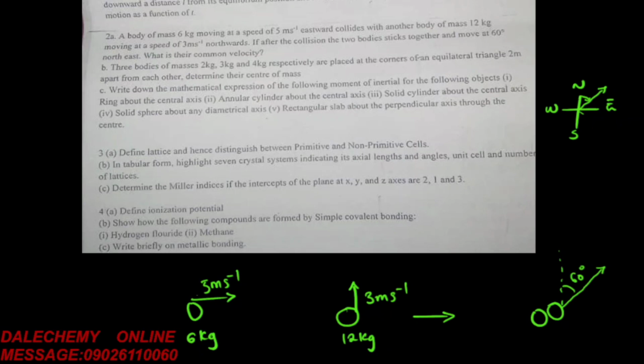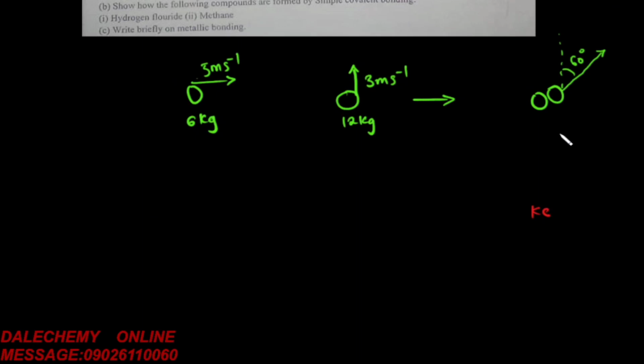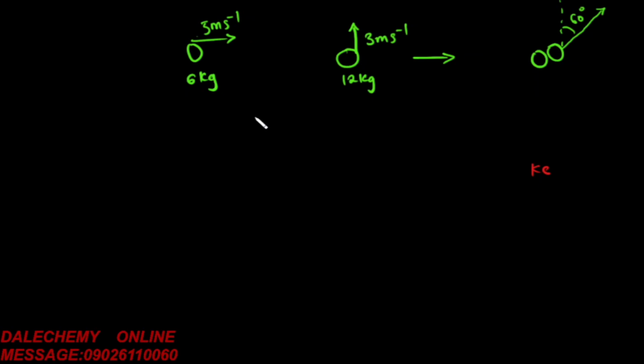So how will you find the common velocity in this case? Now, because this velocity, if you look at that, the direction is neither horizontal nor vertical. So it is at an angle, and it means that it's going to have vertical and horizontal components. So what you have to do here is find the horizontal component of this velocity and the vertical component of this velocity.